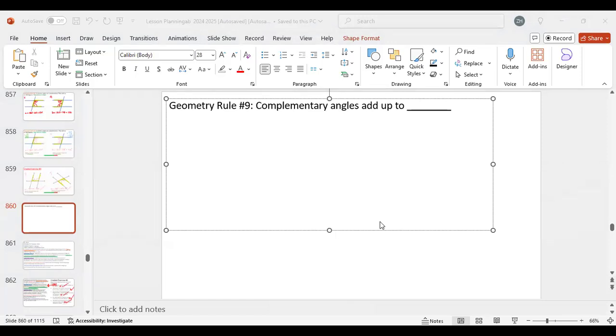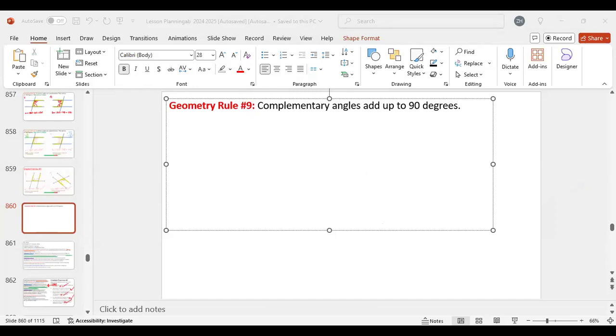Let me write that down. I mean, supplementary angles add up to 180, but complementary angles add up to 90 degrees.